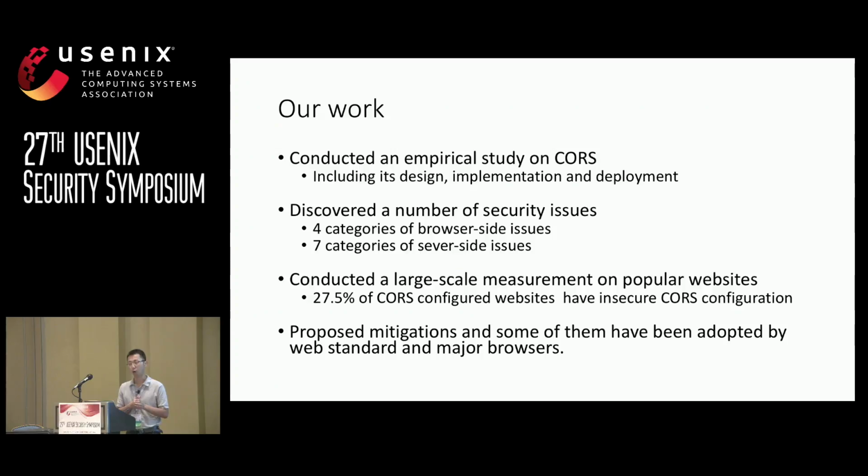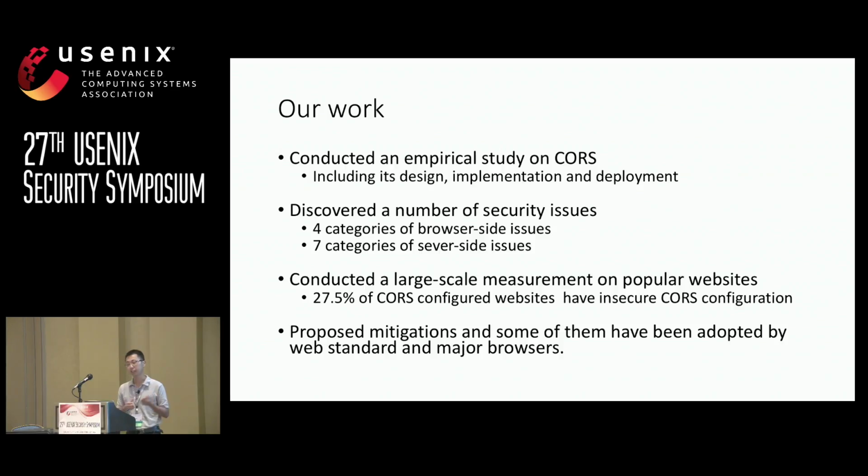Today, our work is to conduct a security analysis of the CORS protocol. We found the design, implementation, and deployment of CORS are subject to a number of security issues. For example, an attacker can use CORS features to hack the Intranet from outside, or remotely influence cookie presence on any website.